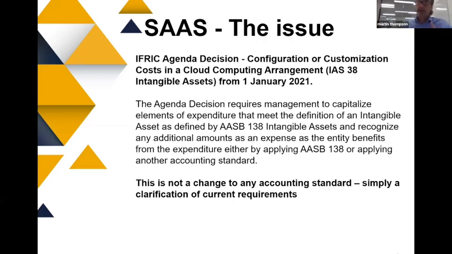And just to take it back a step, to be clear what we're talking about here. Software as a service is where you enter into an arrangement to utilise a vendor's software rather than entering into an arrangement to license the use of that software yourself or to purchase the software. So you don't buy an asset, you buy access to the vendor's software.